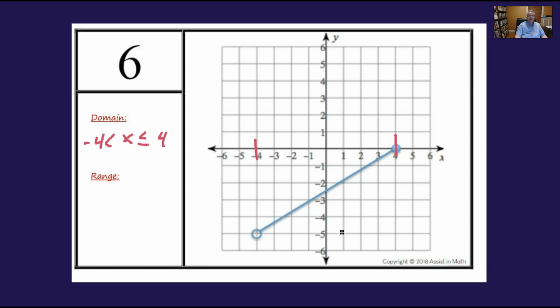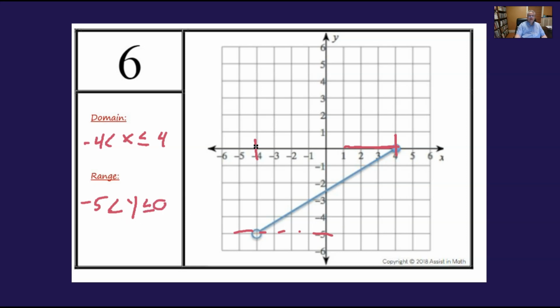All right, the range, think how low it goes. It goes down to -5. It's a hollow dot there, so I'm not going to put it equals. And we have y values that go up to this point, 0.